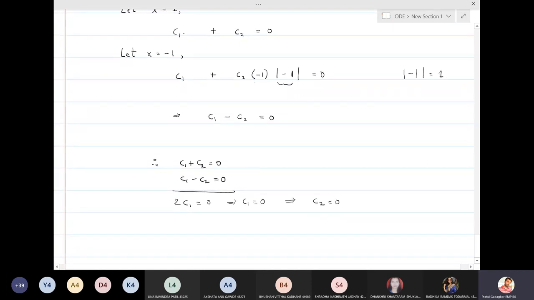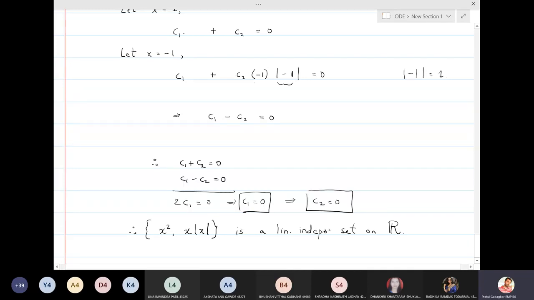This means that the set, where the first function was x square and the second function was x mod x, is a linearly independent set on the set of real numbers. Okay, so I hope this exercise is now clearly understood.